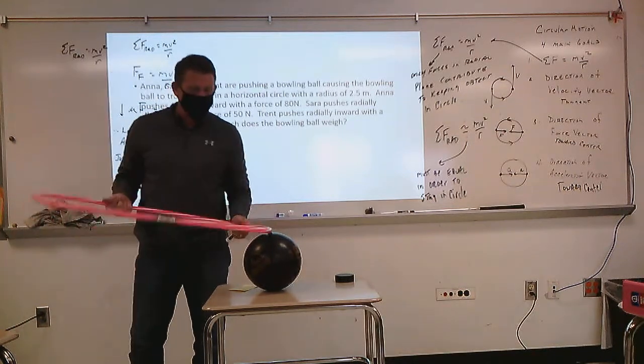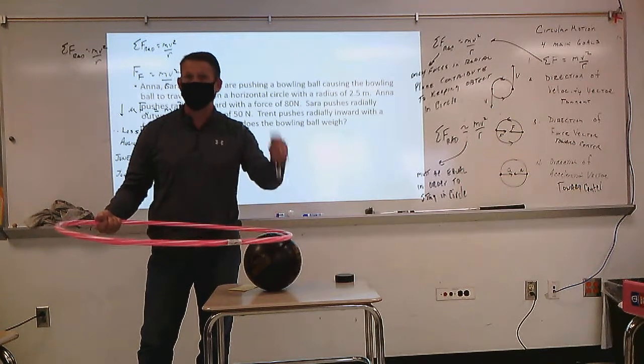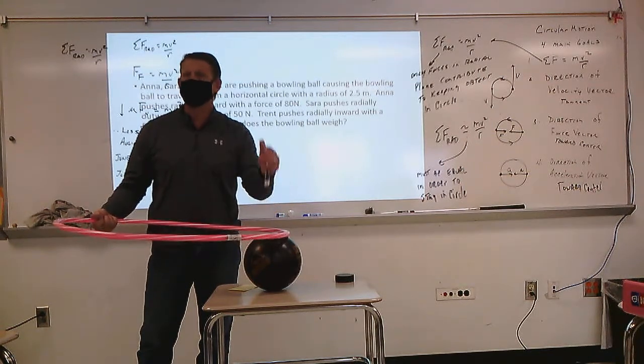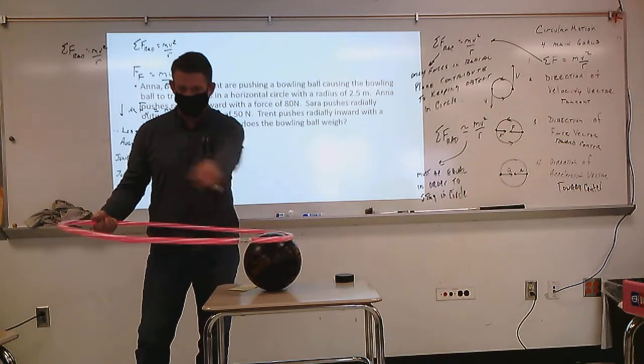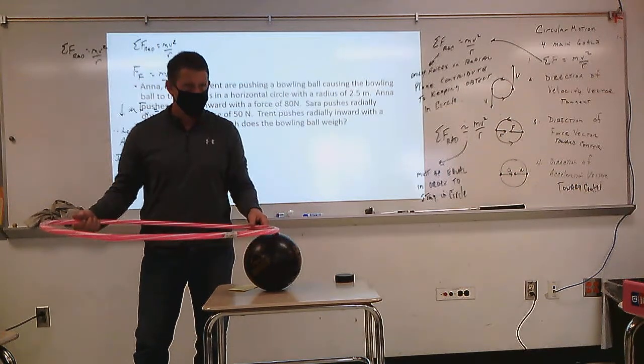The bowling ball has a weight acting downwards, and a normal force acting upwards. Do either of those play a role in moving this ball around this circular path? No. How come? It's not in the radial plane.